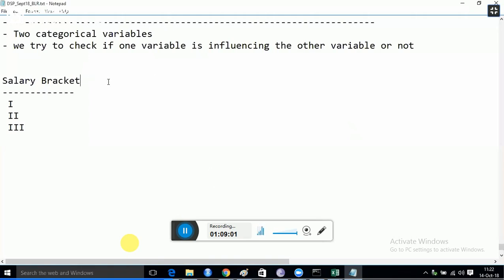Or pay scale, whatever. Let's say I have educational qualification as one of the columns, with grad, post-grad, and doctor. I have another variable, region, with north, south, east, and west.